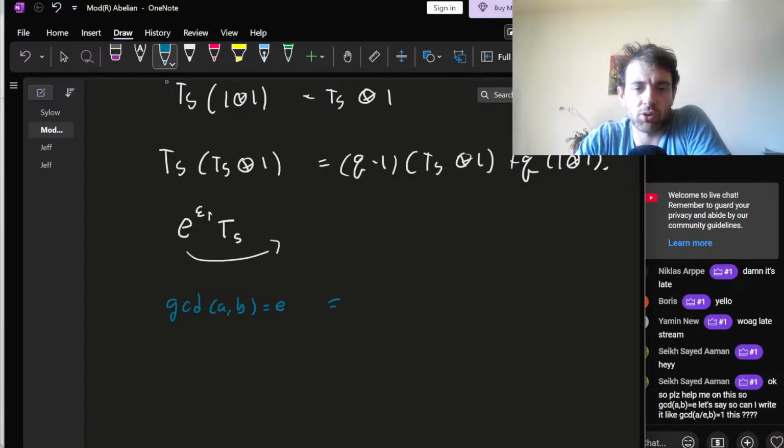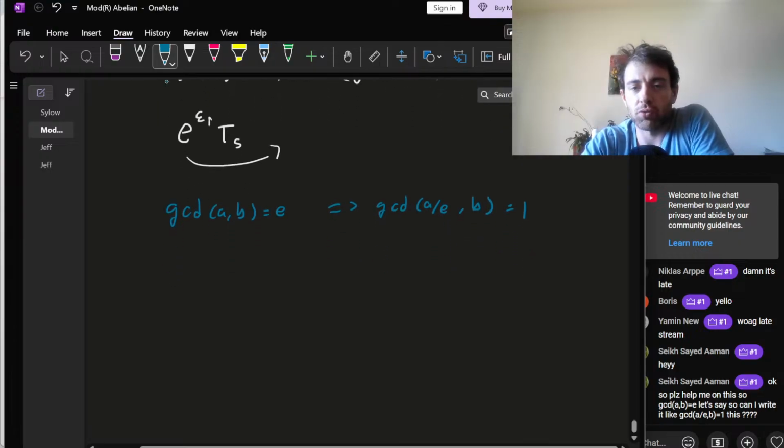Okay, so you want to know if this is true. That should make sense, right? The biggest thing divides both of them, and then you're totally taking that out of a. That makes sense that this would be 1.